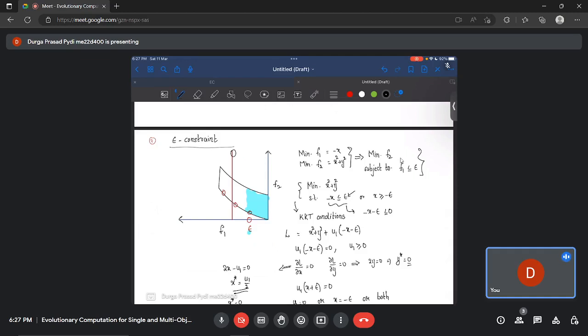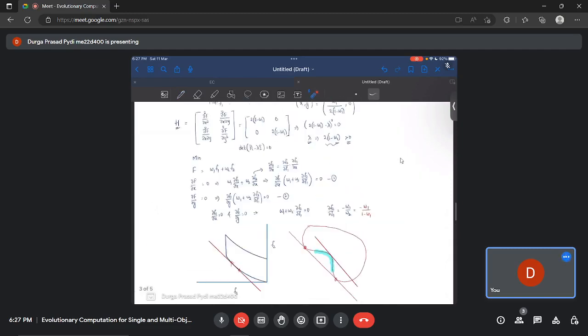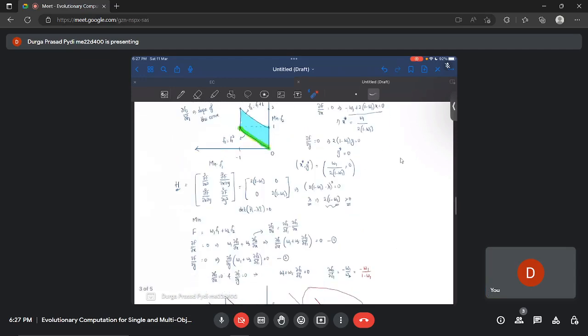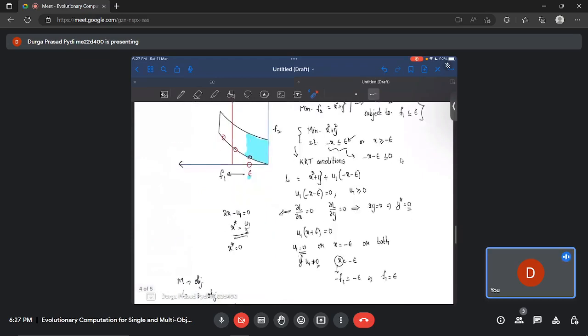In this particular case, you know the value of epsilon will range from 0 to the minimum value of one of the objective functions, because beyond that it will be infeasible. If epsilon is in that region, it is infeasible, so there is no point. So here you can say, but if you stick with the weighted sum method, you cannot say beforehand how many W1 values you want. You have to just start with some number and see how it works out.